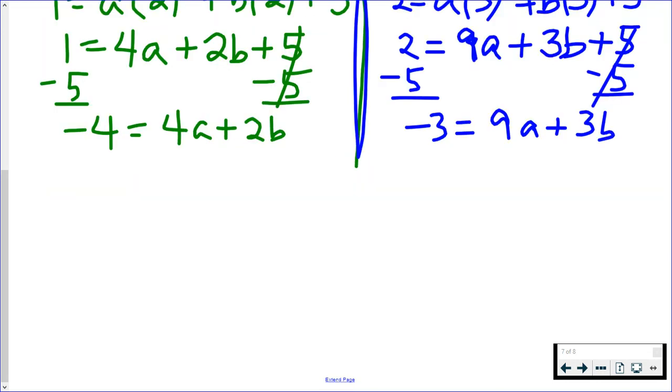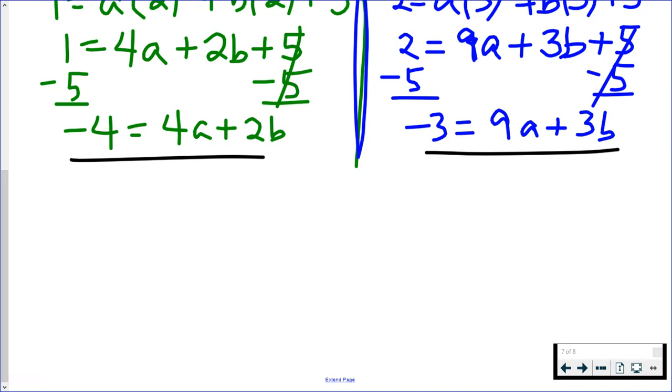Now I've got two equations with two unknown variables. This means I can use a system to solve for A and B. So you can use either substitution or elimination, but I highly recommend elimination.